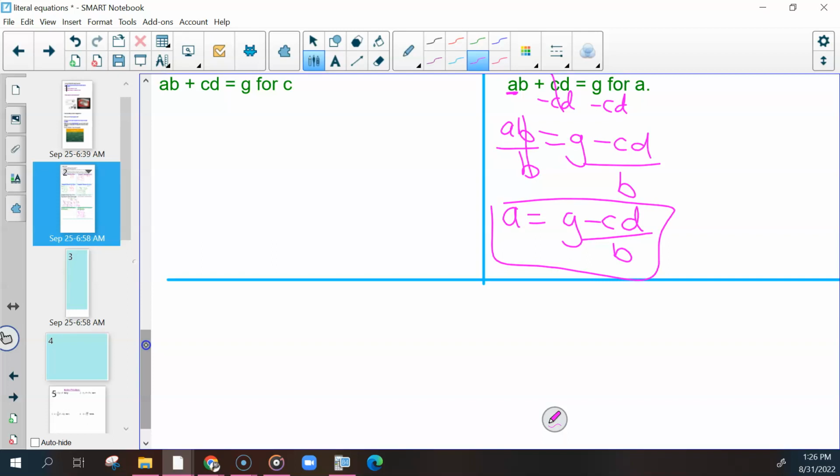So a equals g minus cd all over b. Again, we don't know what that means. If we had all the inputs, we could find a value for a, but we don't. Questions on that one?